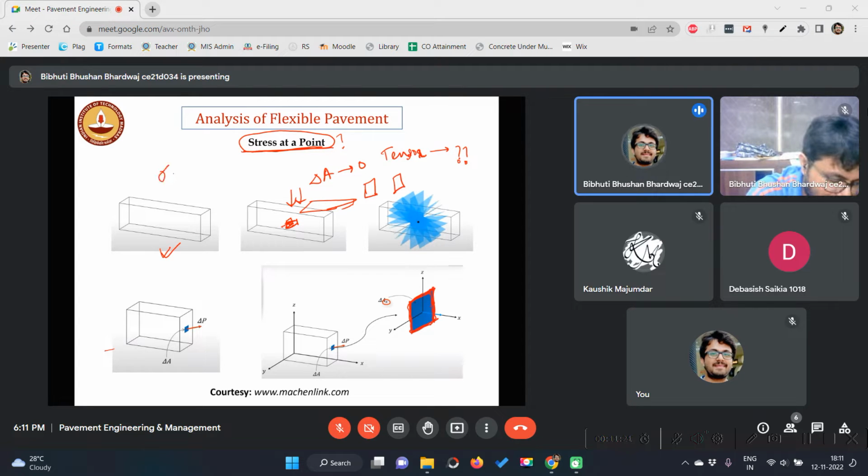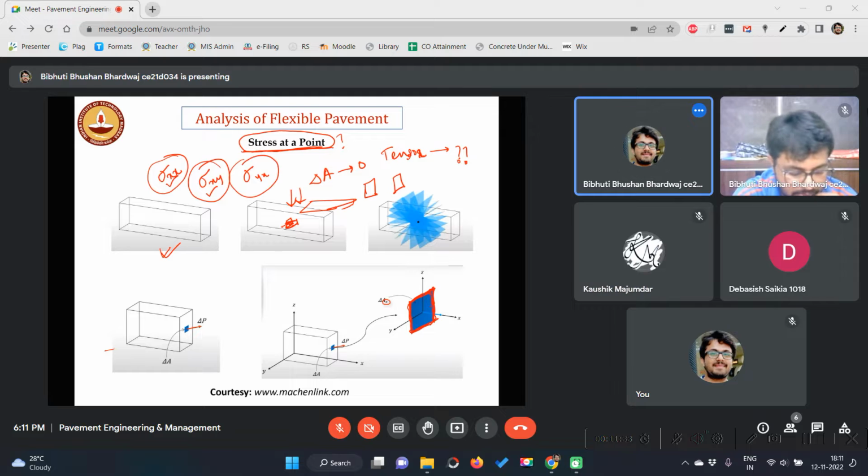So when we say sigma xx, what does it mean? Or say sigma xy, what does it mean? What is the difference between this and this? Or say sigma yx, what is the difference between this and this?